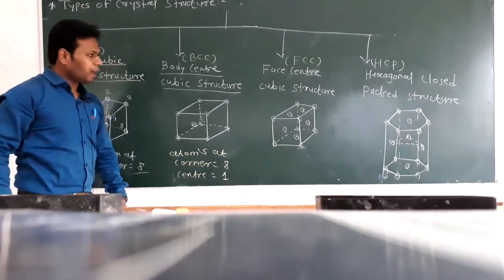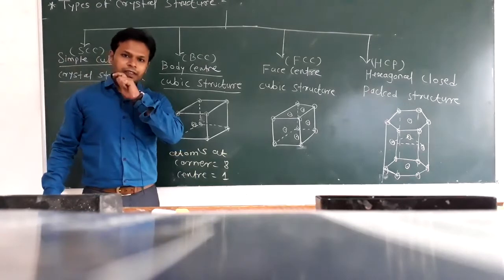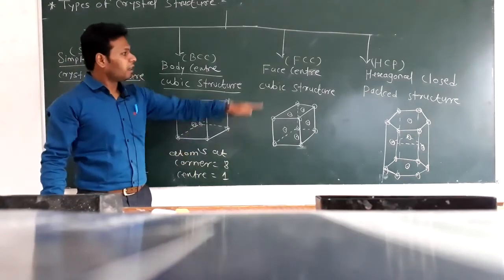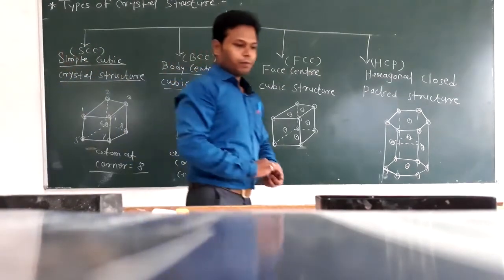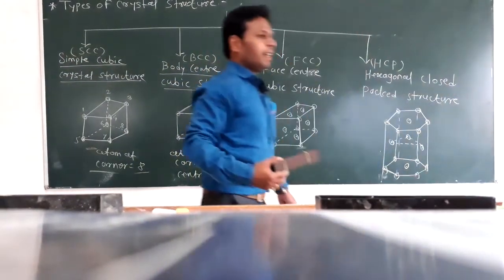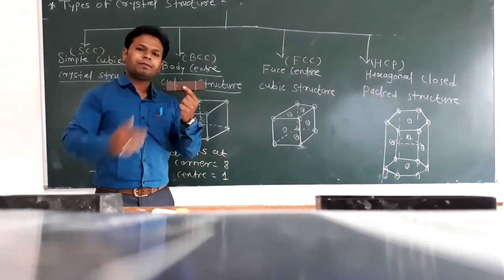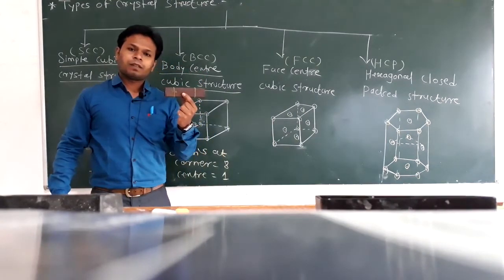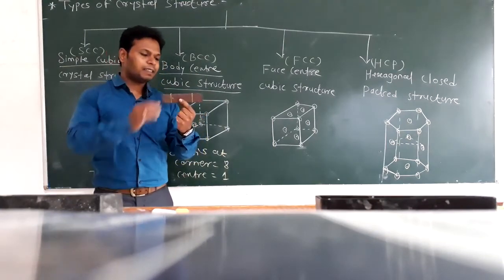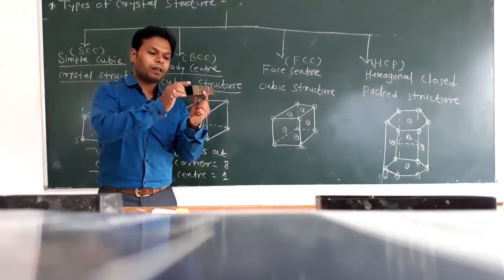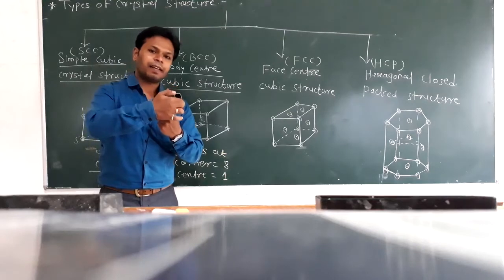Okay. Now the third and very important type of lattice structure is the face center cubic structure. Suppose we take the example of this rod. It is cubical or rectangular. It has 8 corners, 1, 2, 3, 4, 5, 6, 7 and 8.